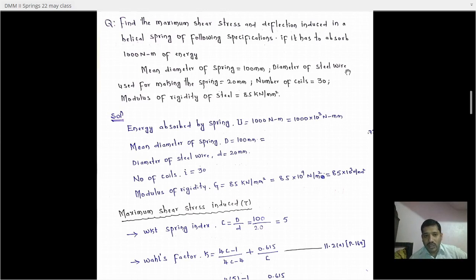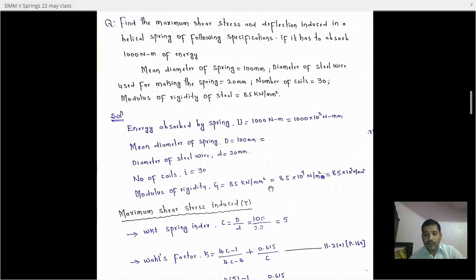And the diameter of the steel wire used for making the spring, D equal to 20 mm. The number of coils, or number of turns, is 30. And the modulus of rigidity of the steel is given as G equal to 85 kilonewton per mm square, which is 85 into 10 power of 9 Newton per millimeter square.